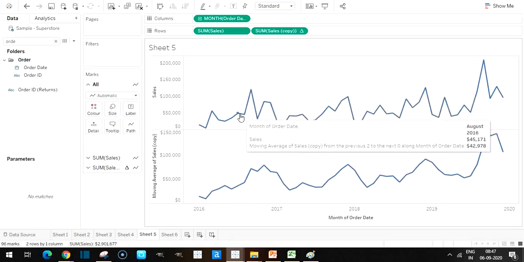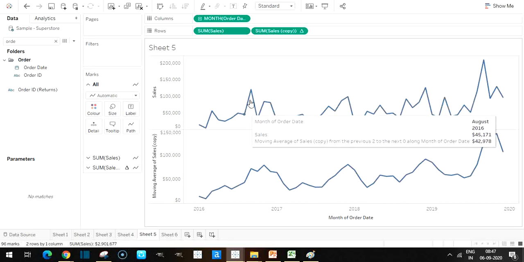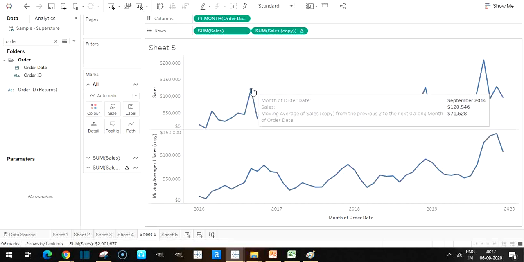So the moving average here takes 3 points. If you look at the hover-over definition of moving average, it is the previous two to the next zero. Previous two means leave the current, go previous two. Previous two is August and July, since I am looking at September.